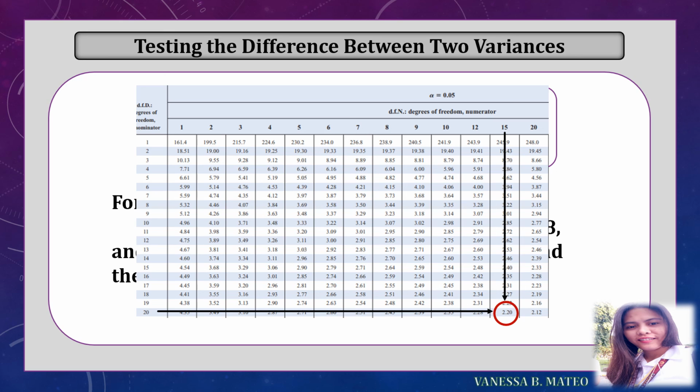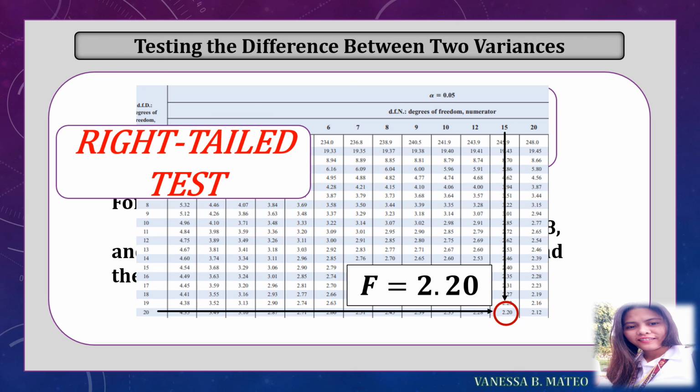So, si 15 is the smaller closest value ni 18. Kaya si 15 ang ating ginamit. So, sa DFD naman is yung row 20 and yung intersection nila is 2.20 and that will be our F value. So, this is for the right-tailed test.